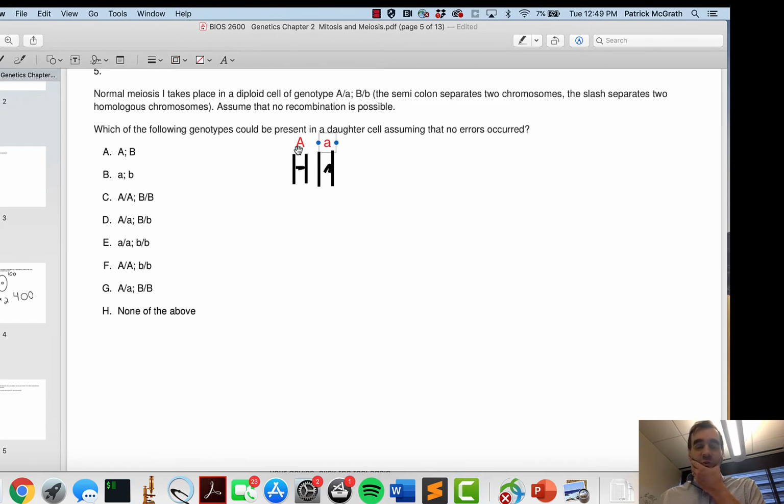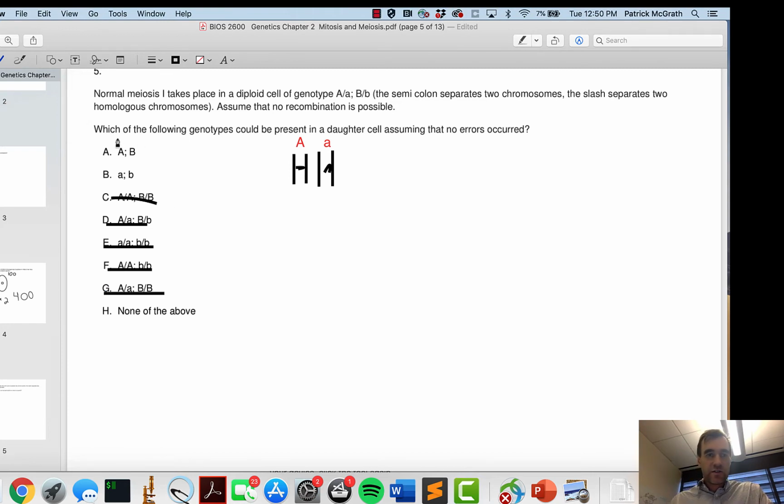So after meiosis 1, the purpose of meiosis 1 is to separate homologous chromosomes from each other. And so you can exclude all of these answers right here that have 2 versions, because you've separated the homologous chromosomes out.